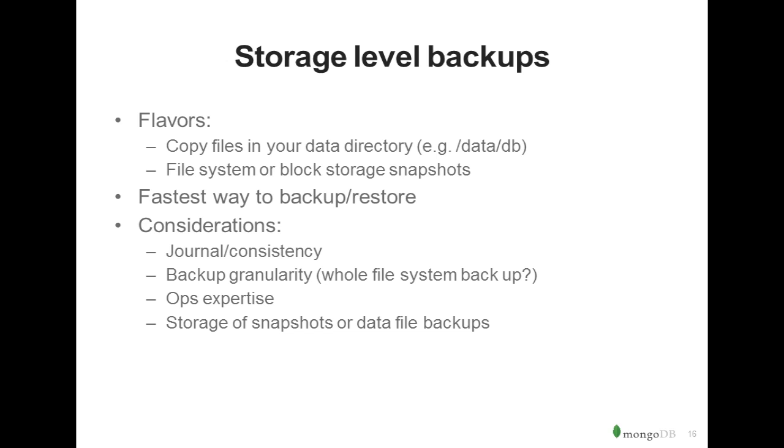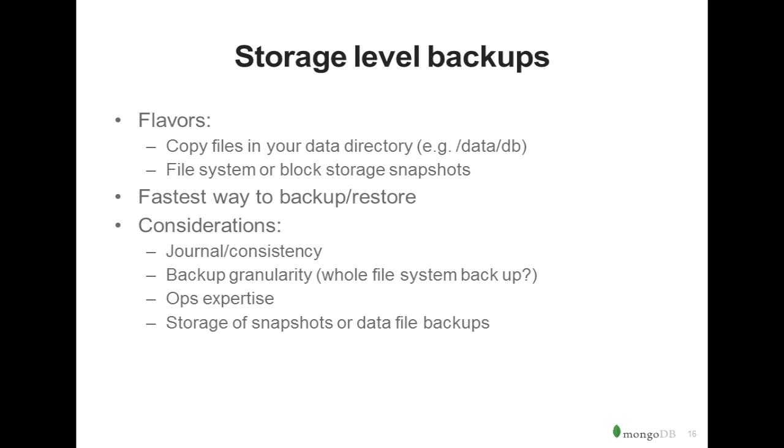So talking about storage level backup, the other manual method is to take a backup at the storage level, right? You can create a backup by copying MongoDB's underlying data files.